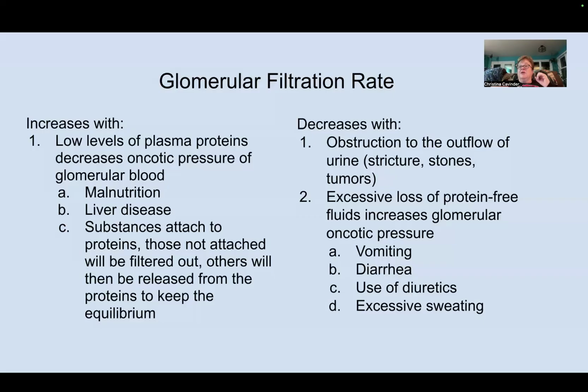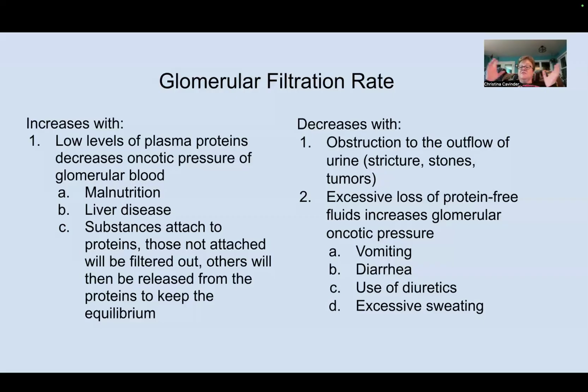So, if we're looking at, I can think of bilirubin right offhand. If we look at bilirubin, it attaches to a plasma protein, and our liver filters that out, but it has to be conjugated or attached to a protein to be removed.